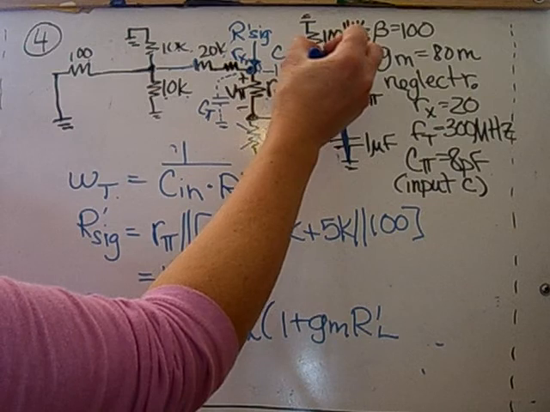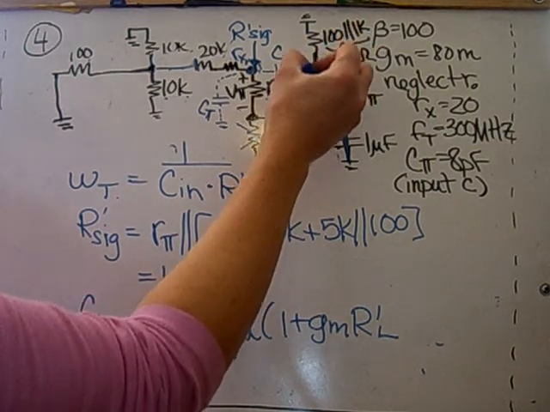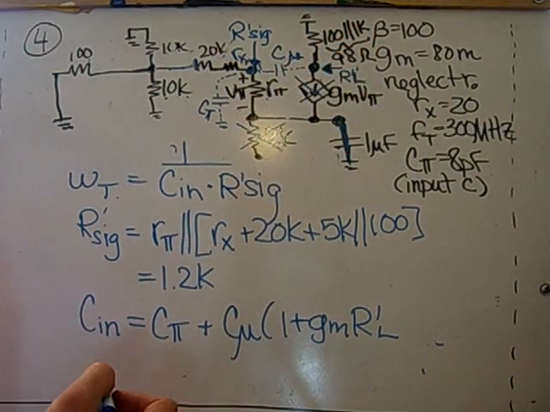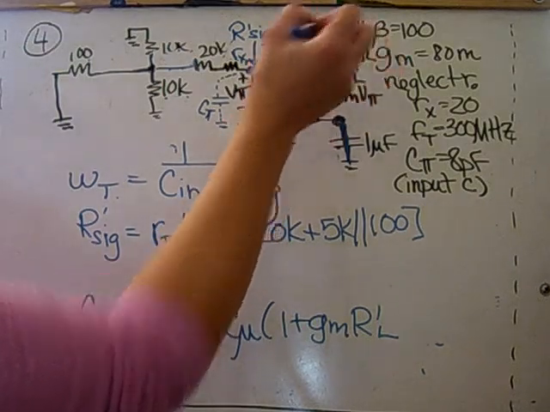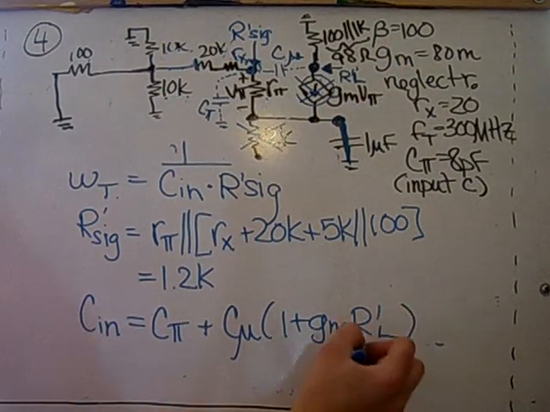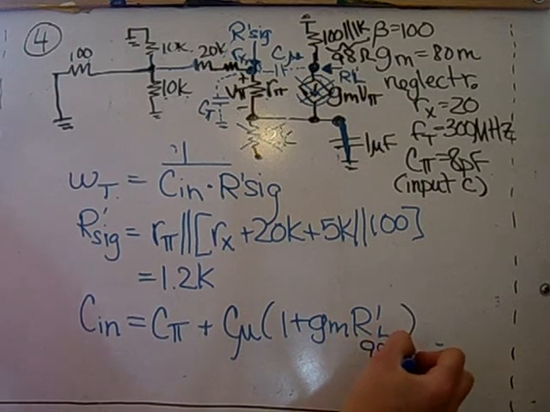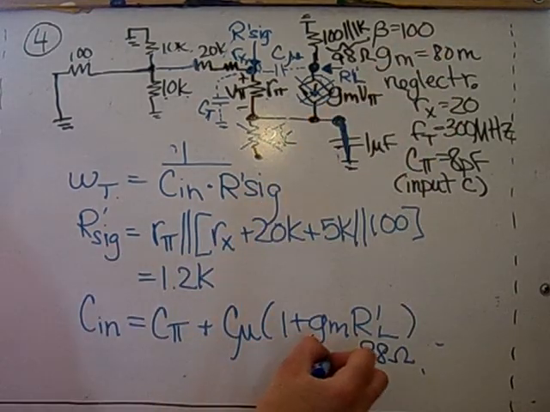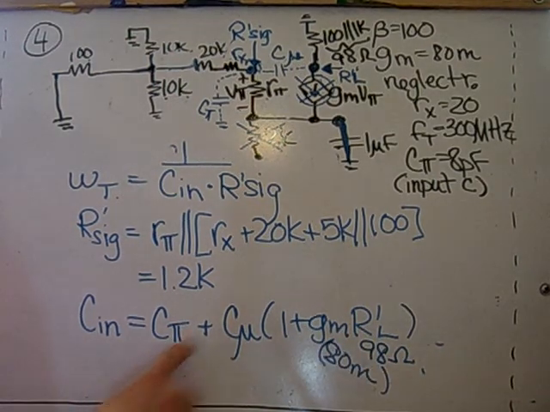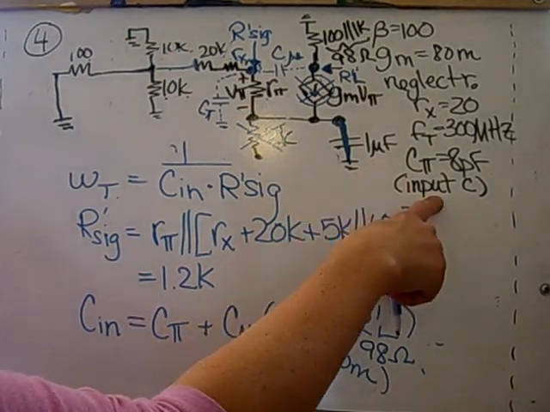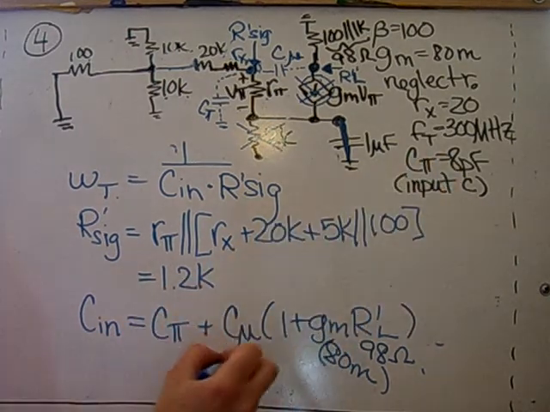When you're looking into the top of this dependent source, this looks like an open. So R prime L is just 98 ohms. And GM is given as 80 milli. C pi is found on the data sheet as the input capacitance, 8 pico.